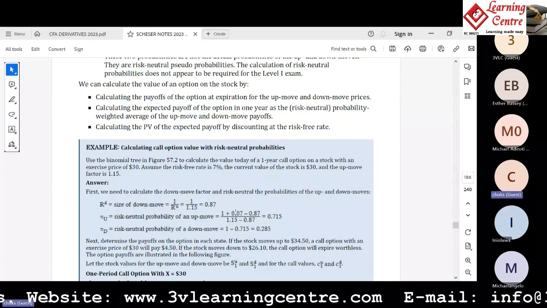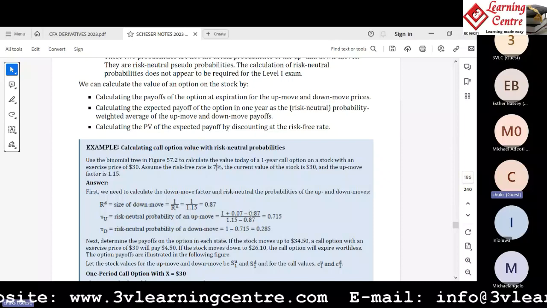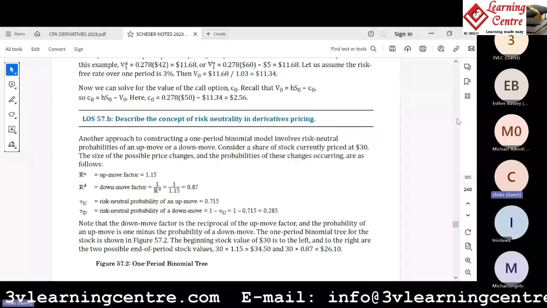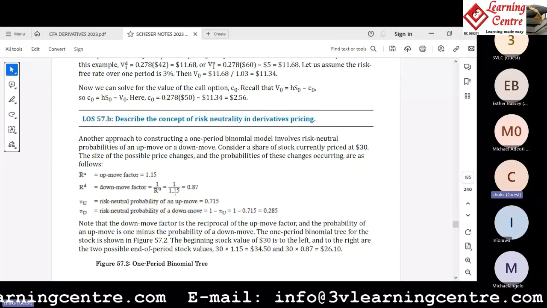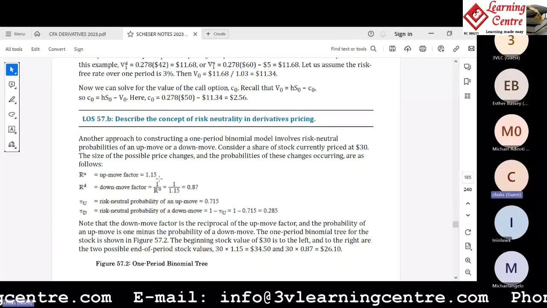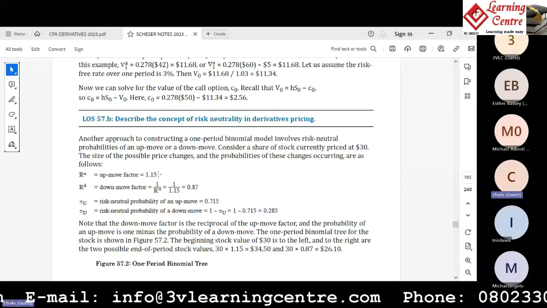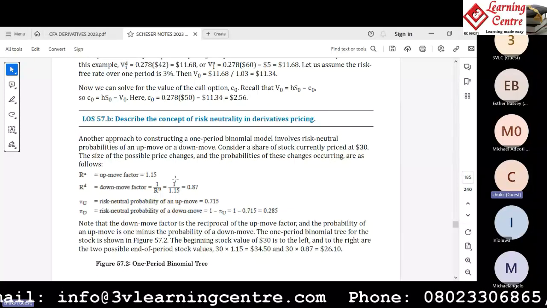So 1 plus 7% minus 0.87. If you remember, I calculated this 0.87 before, where we said 1 over 1.15. They gave us the up move factor, which is 1.15, so 1 over 1.15 gives us 0.87.